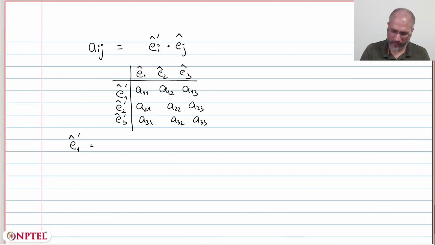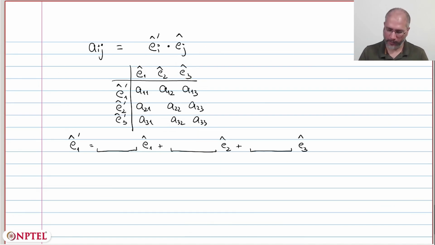So what that means is that I'll try to write this e1 prime as some component times e1 plus some component times e2 plus some component times e3. And that is completely allowed because e1 prime is simply a vector, and any vector can be denoted using a sum of its three independent components.